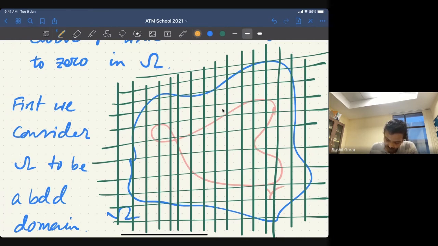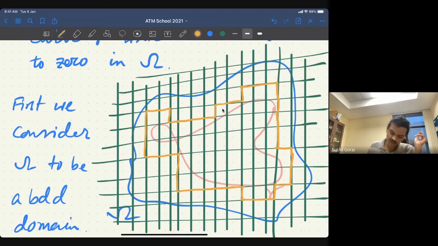In fact, one could just look near the curve, something like this, so containing the curve gamma, and which lies inside omega.